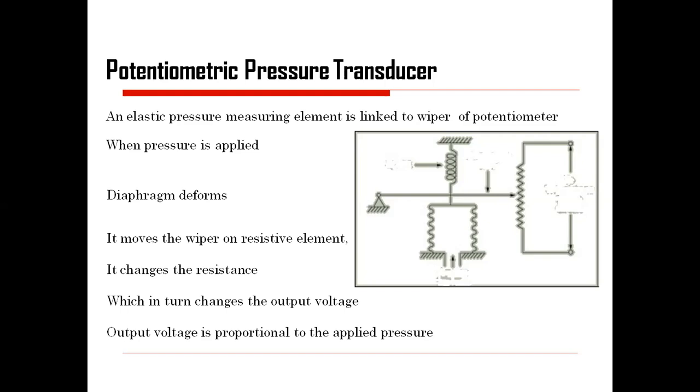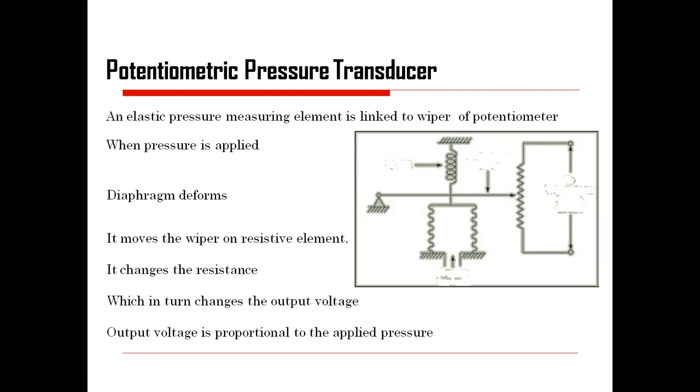So here we are using the elastic pressure measuring device, which is linked to the wiper or to the potentiometer. Over here, what we are going to visualize is the measurement of potential difference when pressure is applied.